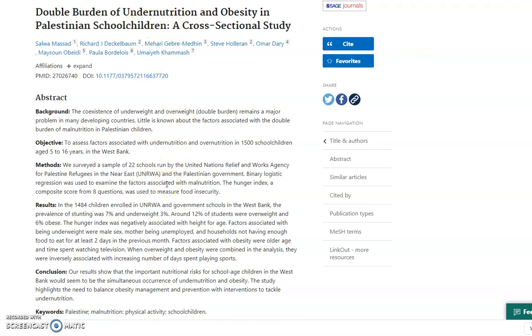This research is a cross-sectional study surveying 22 schools run by the UN Relief and Works Agency for Palestinian Refugees in the Near East and the Palestinian government. It's only taken at one point of time, and they surveyed 1,484 children, and that's it. As simple as that.